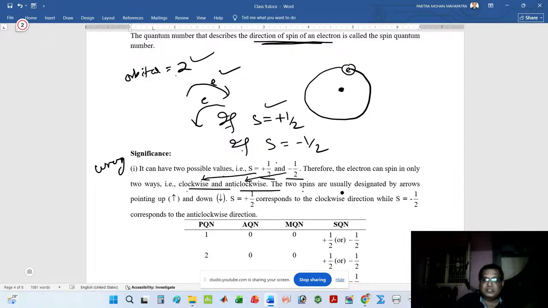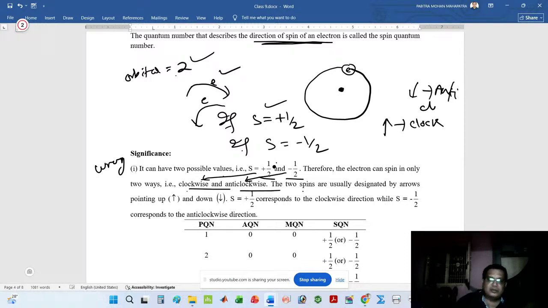The two spins are usually designated by arrow marks. Clockwise direction means an upward arrow, and anti-clockwise means a downward arrow. This is your clockwise, and this is your anti-clockwise. Clear?